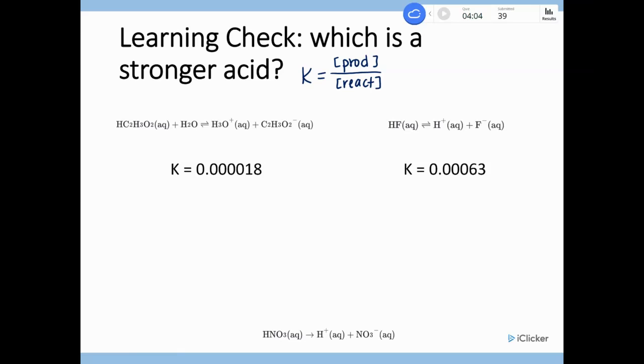It's on the right side. So a larger K would indicate a higher concentration of H plus in solution. So here we're comparing the size of K, the magnitude of K. Larger K would mean stronger acid. So that's HF for this one. This K is larger.